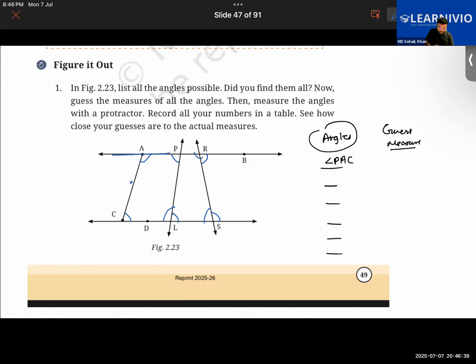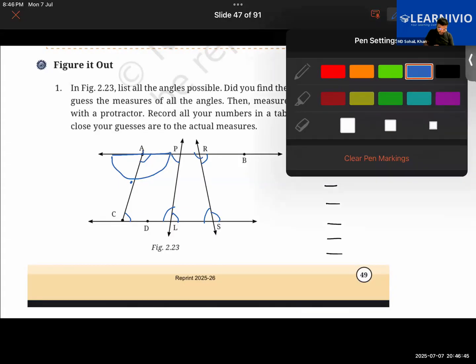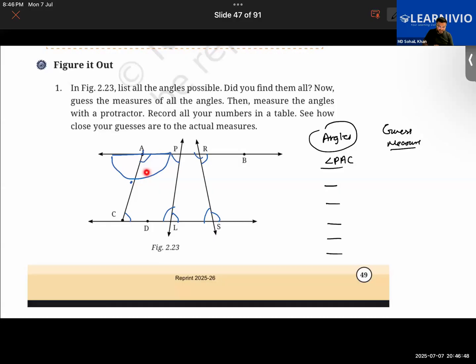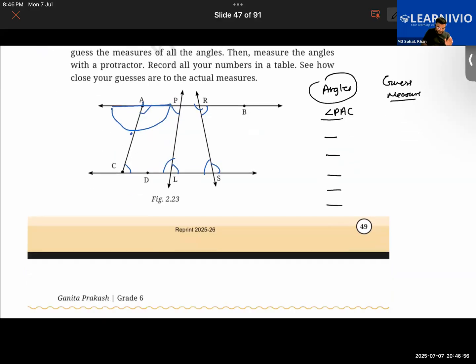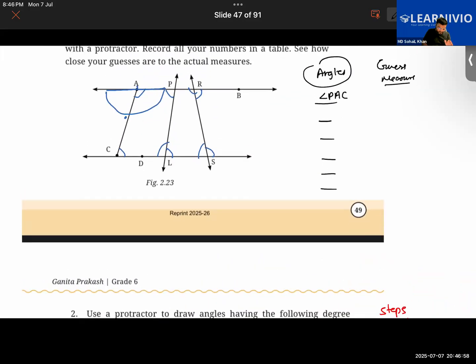You are placing the protector like this. When you have placed the protector like this, from which side are you going to count the measurement? From this side. Try to visualize it.